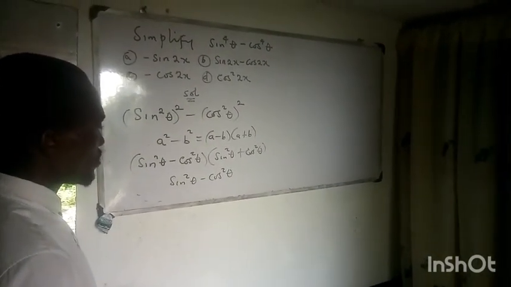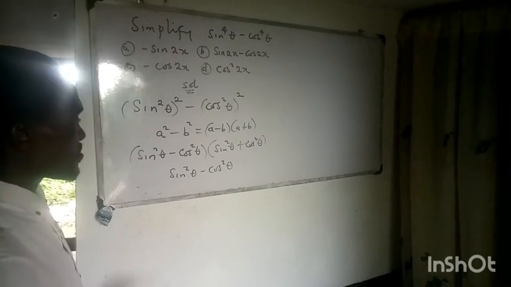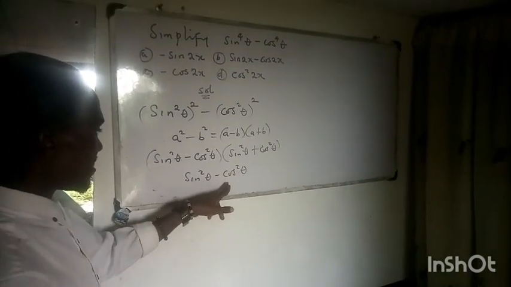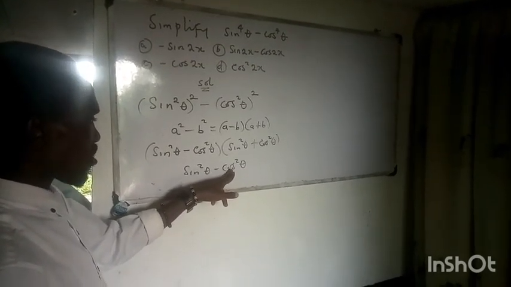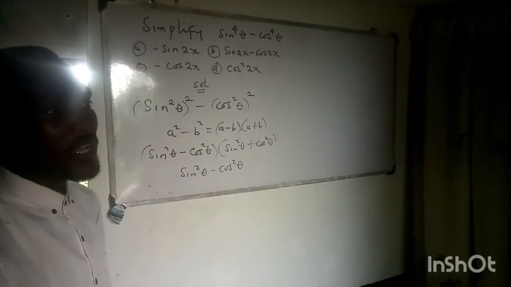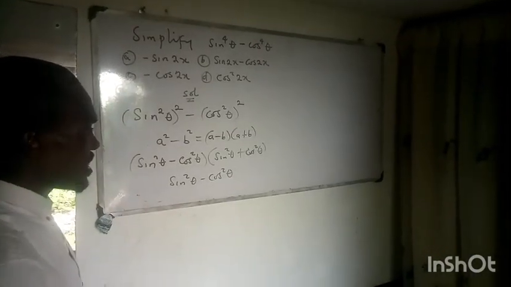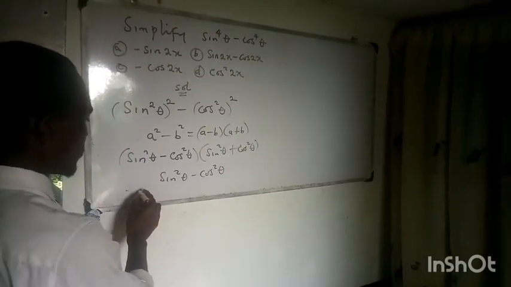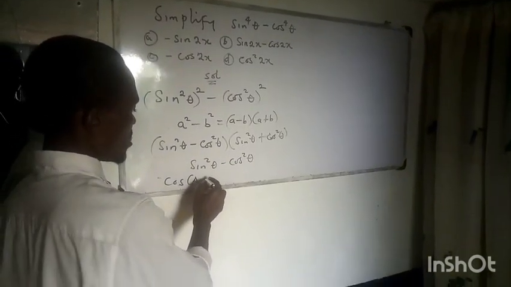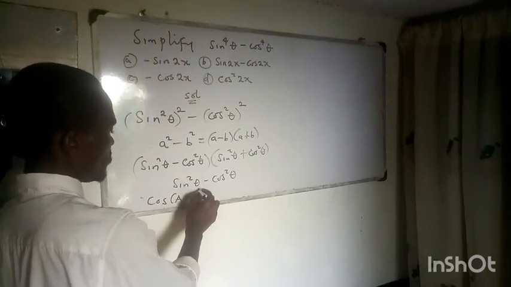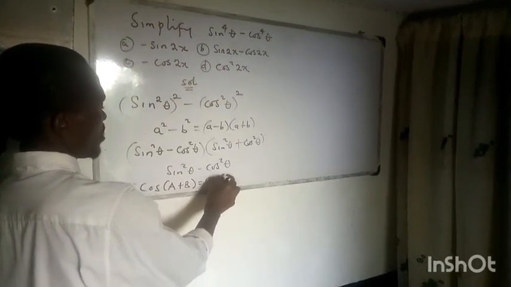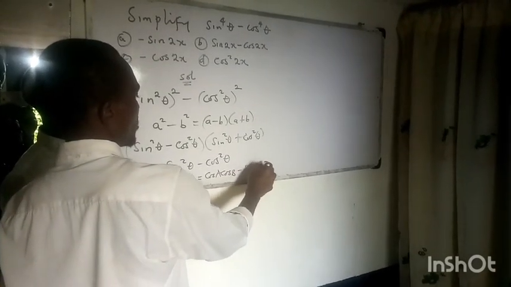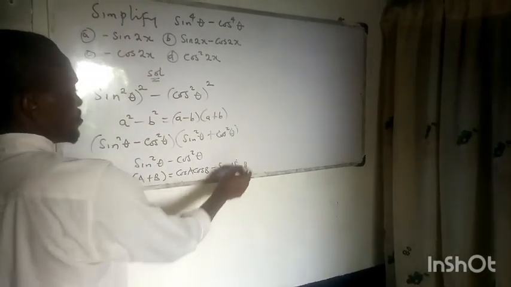So one of the things we are going to do now is see how to rewrite this cos square theta and this sine square theta. And I think one of the tricks we are going to use is this particular expression that says cos(A plus B) is cos A cos B, then minus sine A sine B, which is our compound angle expansion.